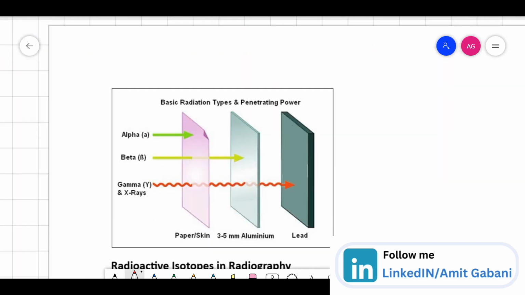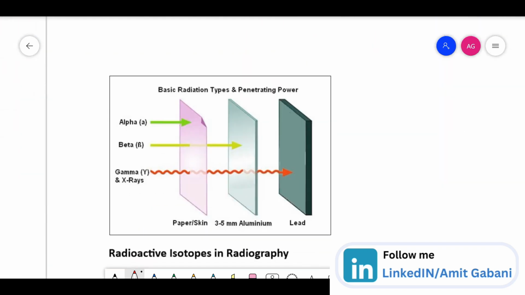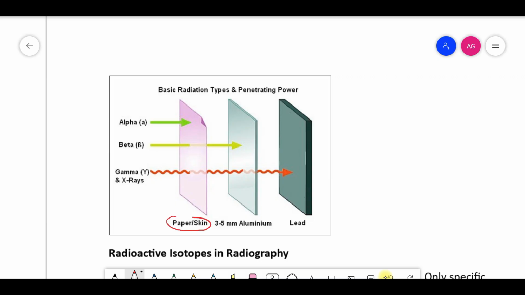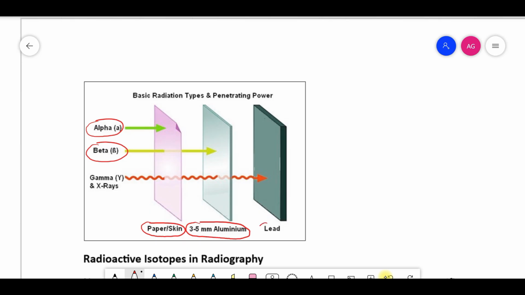Just look at its penetration capability: alpha particles will not pass through paper or skin. If you take a 325 mm aluminum sheet, beta particles will not be able to pass through it, and gamma rays will not be able to pass through a lead sheet. That means it has this much penetrating ability.